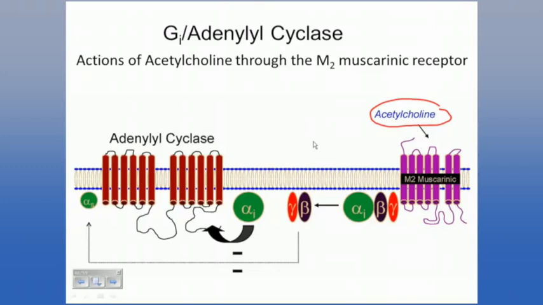In this particular example, again, you get dissociation of the beta and the gamma unit, leaving the alpha subunit of the G protein to instigate the effector, adenyl cyclase, bringing about an inhibitory response.